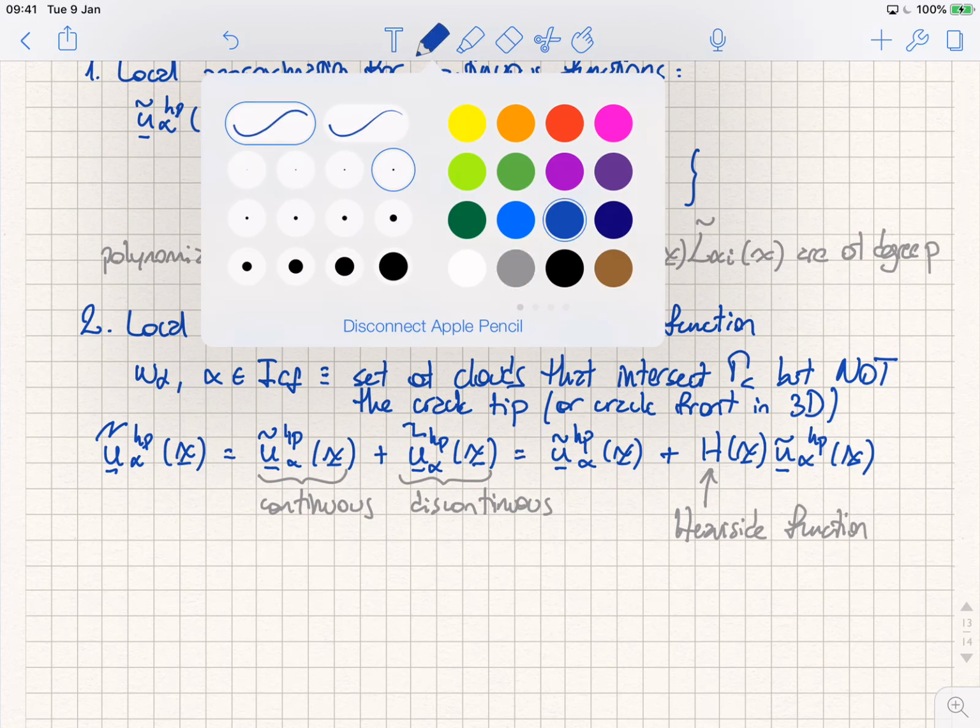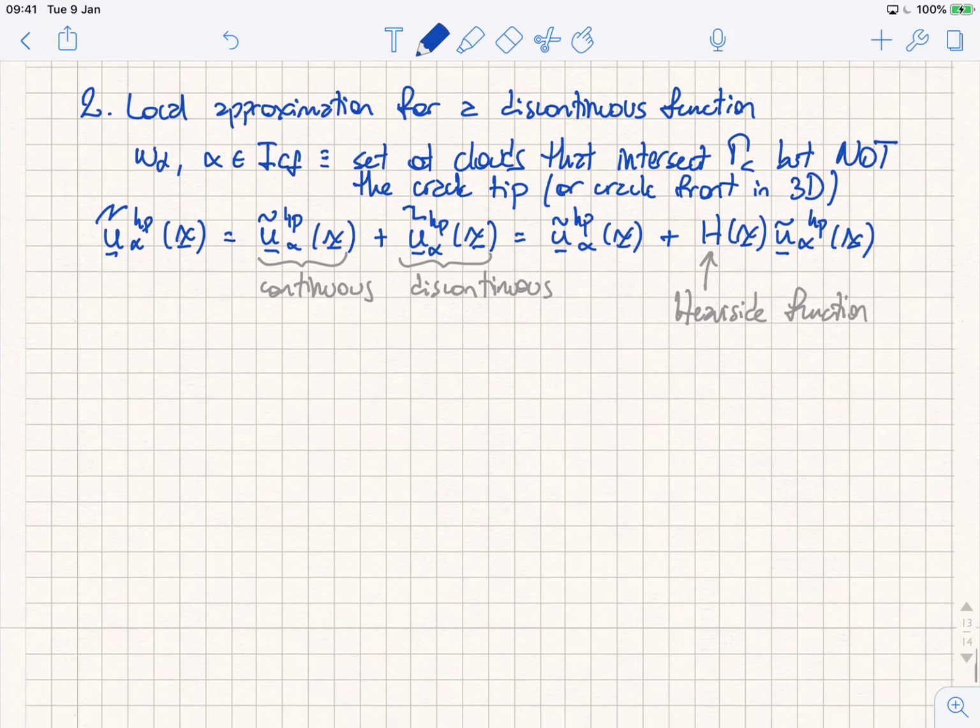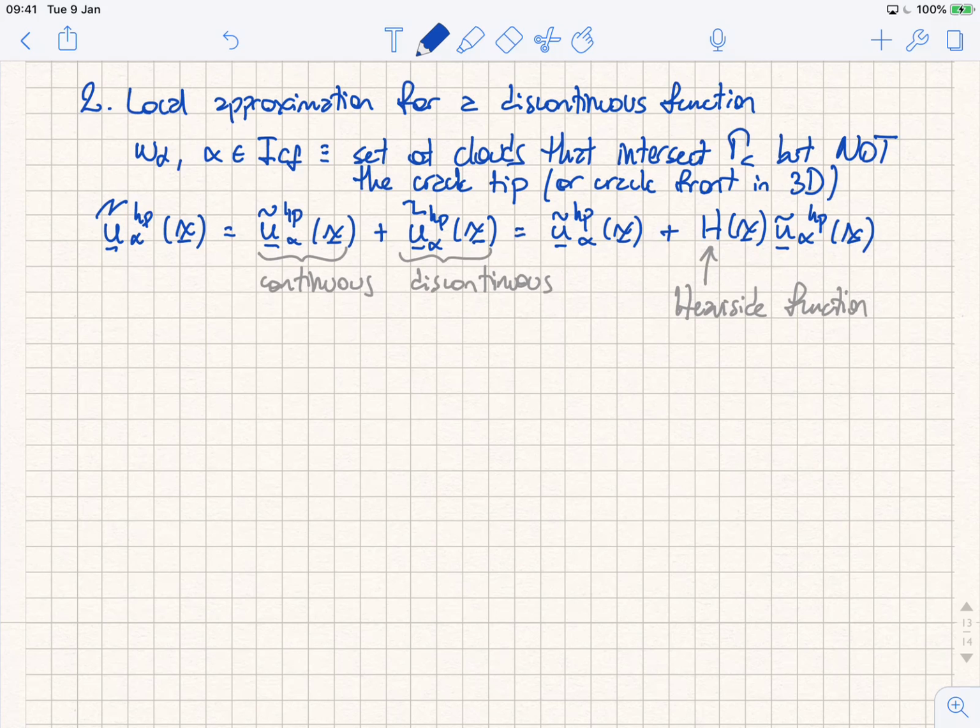So the Heaviside enrichment function that you normally find in the literature when looking at enriched finite element methods is basically one of two kinds. The function is equal to 1 on one side of the crack and is equal to 0 or minus 1 on the other side. So these are the two functions that are usually used.